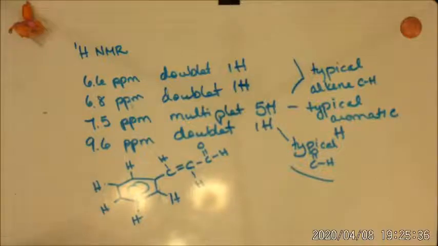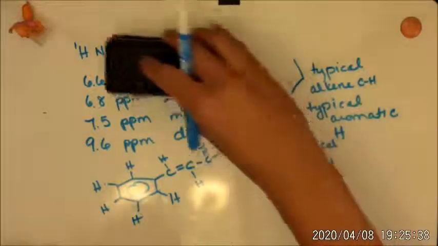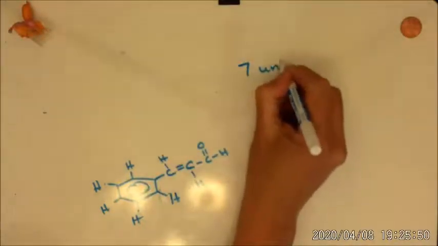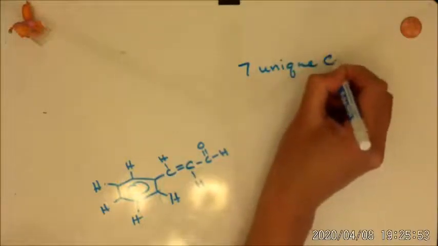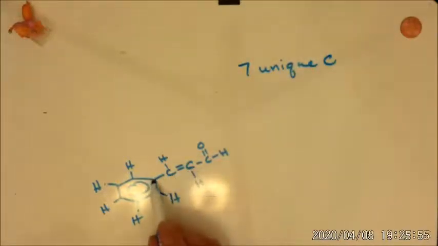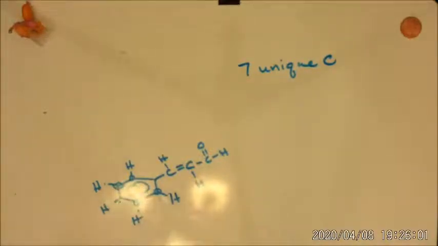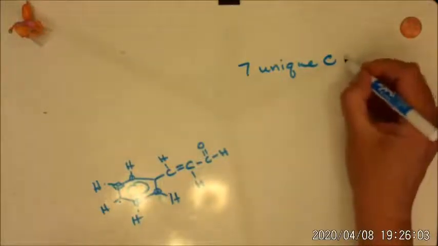Let's take a look at my carbon-13, and I'm going to leave the structure up. So for the carbon-13, I have 7 unique carbons. 1, 2, 3, 4, these are the same. 5, 6, 7. Okay, so that's great.